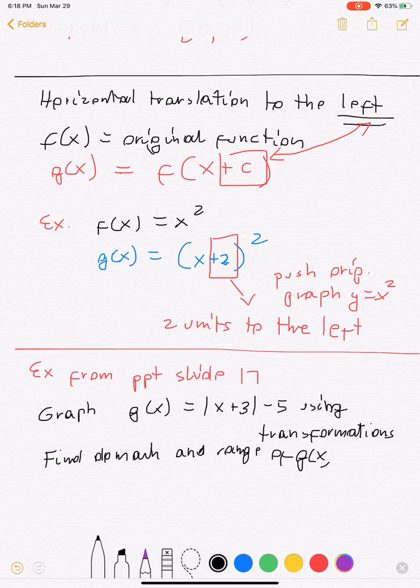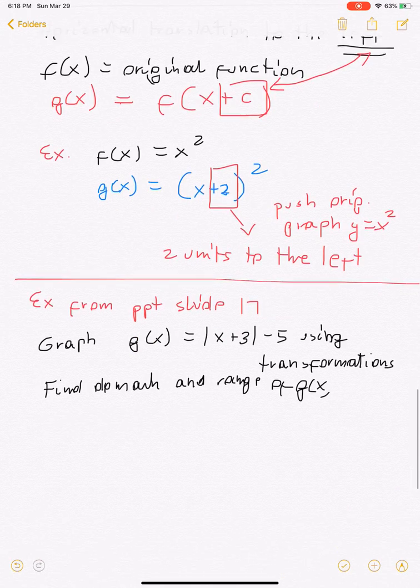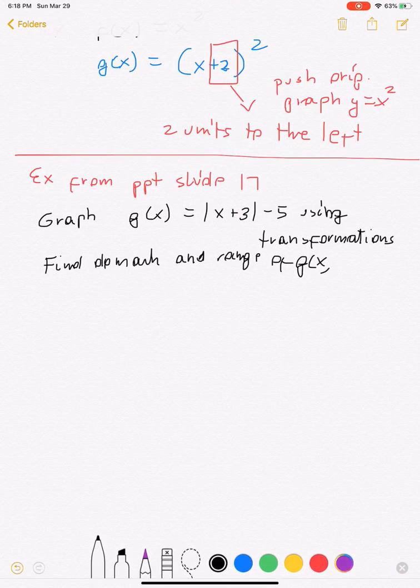Okay, so g of x, let's first describe the transformation. G of x, which is equal absolute value of x plus 3 minus 5. Okay, that's the graph after transformation. What will be original graph?